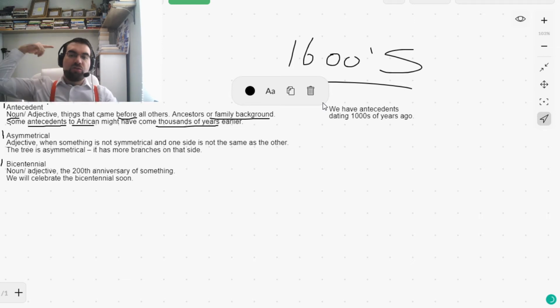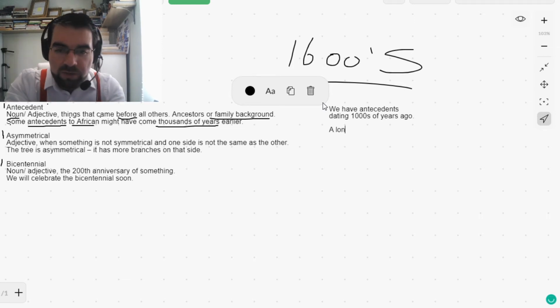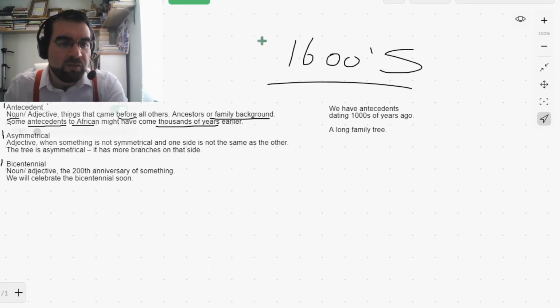Ancestors, a family tree, a long family tree, for example. Family tree like this. There we are. Just like this, yes. Yeah, how cool is that?